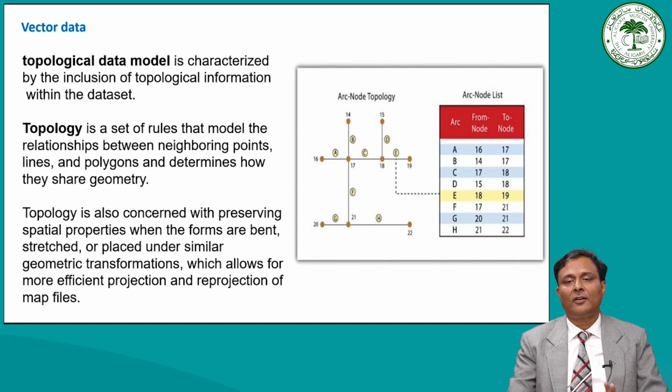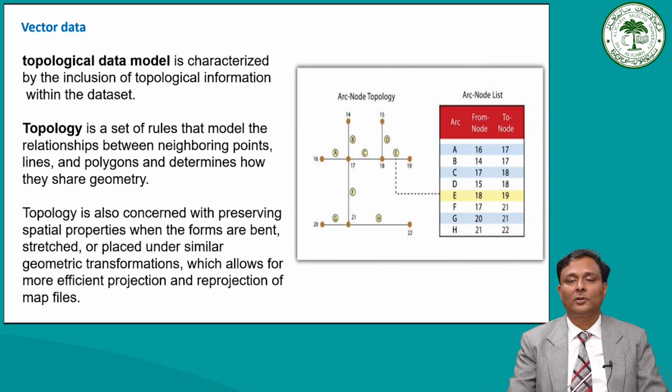The inclusion of topology into the data model allows a single line to represent this shared boundary with an explicit reference to denote which side of the line belongs with which polygon. That's an interesting point which I want to make in connection with the topology model.